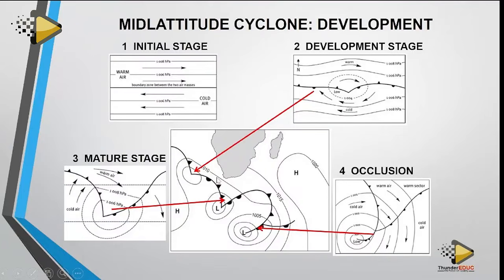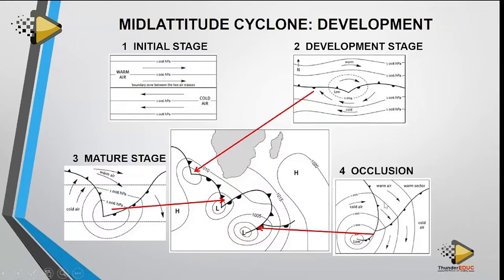But you can see here during the mature stage, the sector is very wide, or the warm sector is very large, because the cold front is still far away from the warm front. But when you look here, you can see they are very close to each other. So the warm sector narrows.